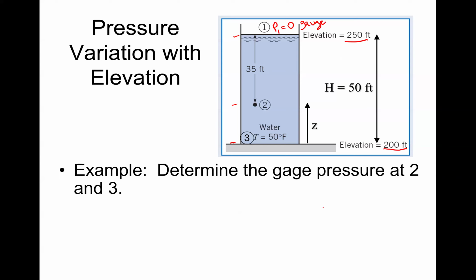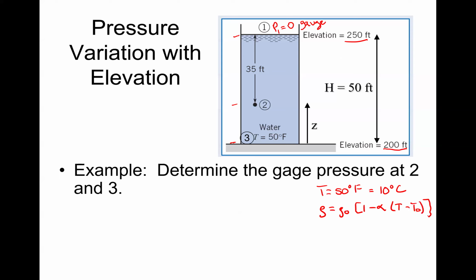The first step on solving this is to turn this Fahrenheit into Celsius. And that's basically about 10 Celsius. Because we're going to use that equation that I showed you to calculate the density of water at 10 degrees Celsius.